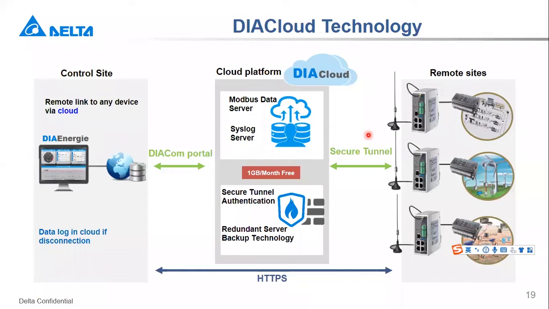That means if the DIAEnergie system shuts down or there's a connection problem, the cloud will temporarily save the data, like a buffer mode. So no matter whether the device is a flow meter, power meter, or gas flow meter, this kind of data will not be lost.